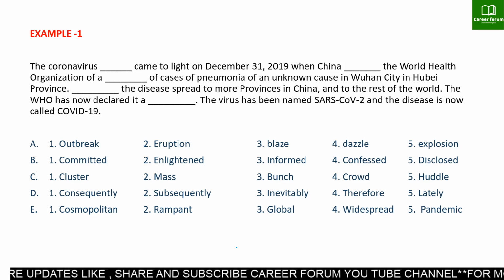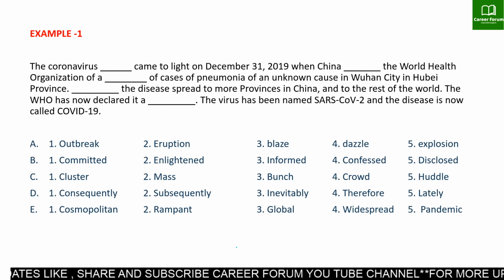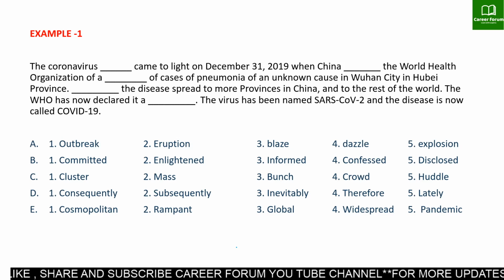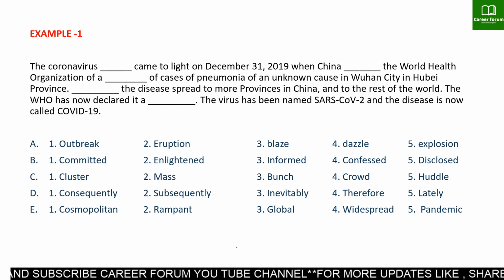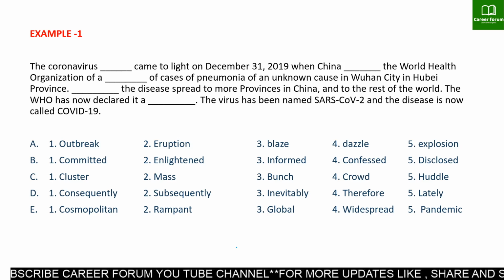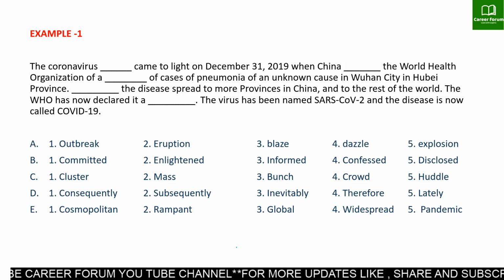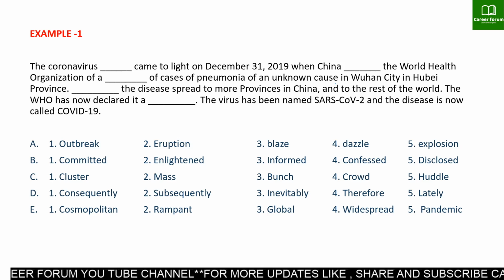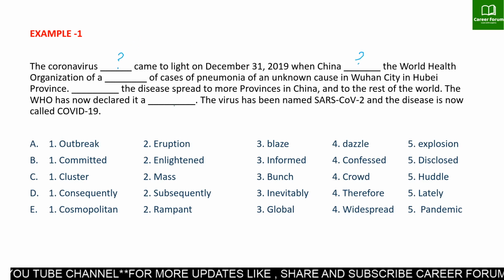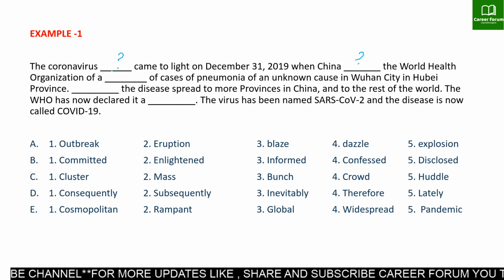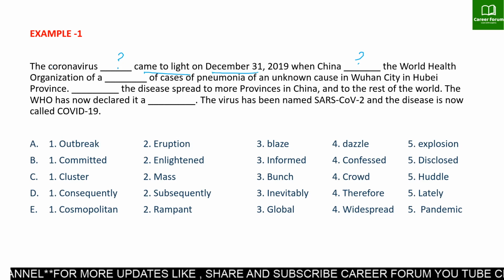The paragraph says the coronavirus came to light on December 31, 2019, when China, the World Health Organization, okay, we don't have options here, so this is completely blank, so leave that particular point. We don't know the word, but what we know is the coronavirus came to light on December 31.